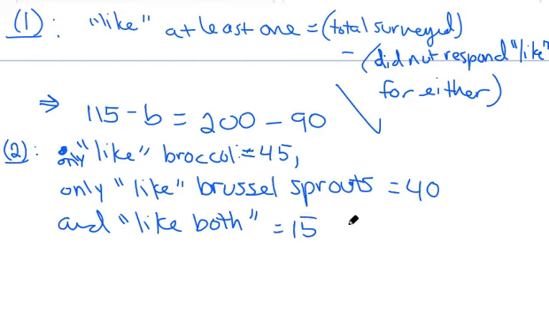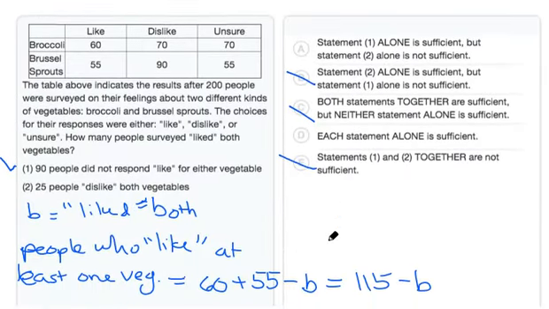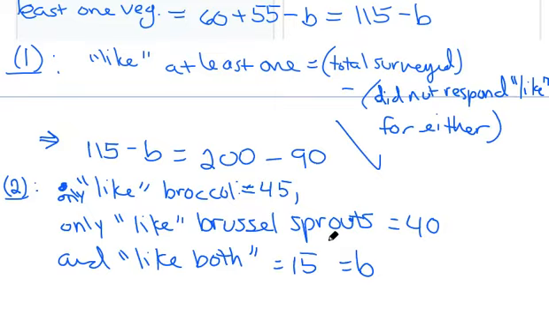And those who like both represents our B. So that's one scenario, and in that case, all of those sum to the appropriate amounts in our table.